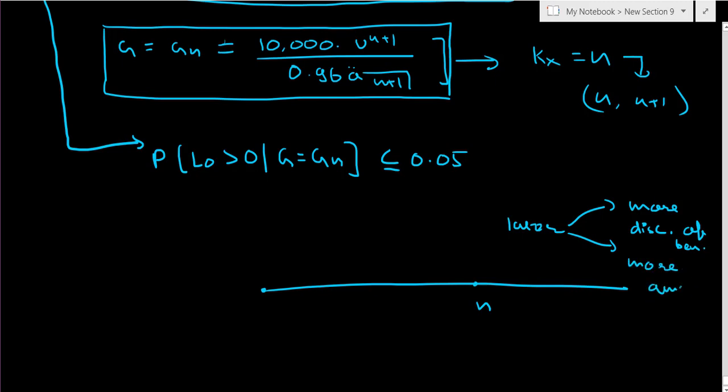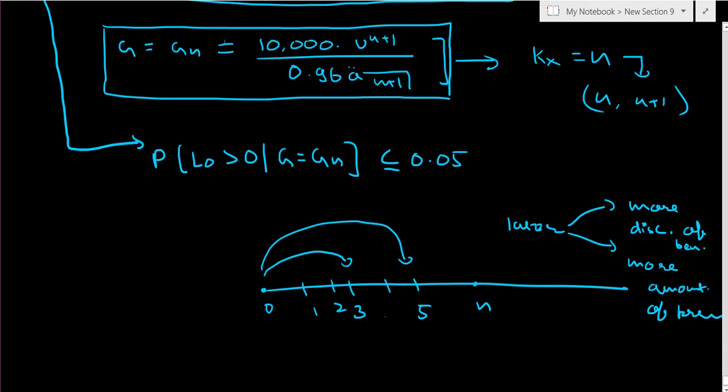For example, if the person lives for 3 years versus 5 years, in such a contract, if he only lives for 3 years, he would have paid only three premiums, at time 0, time 1, and time 2. If he dies before time 5, he would have paid two more premiums at time 3 and time 4. So the later the person dies, the more premium is collected, and the more discounting of the benefits.